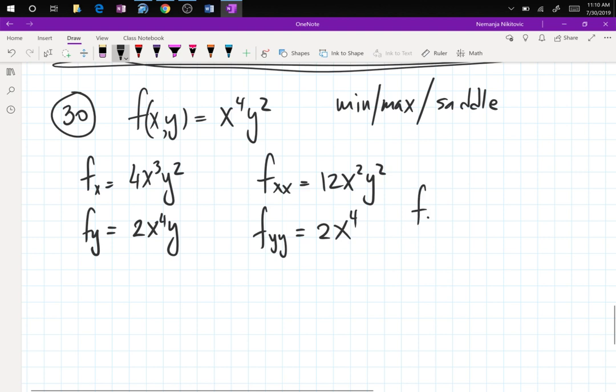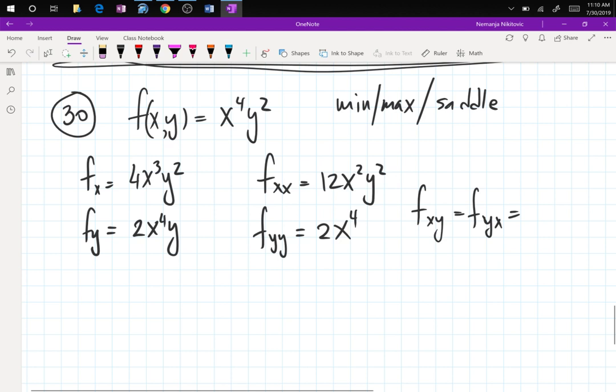Now, to find our mixed partial derivative, we can do either xy or yx. It's easier if you do yx because it's already 2x to the 4th y. No, we have to look here. What is my partial derivative?